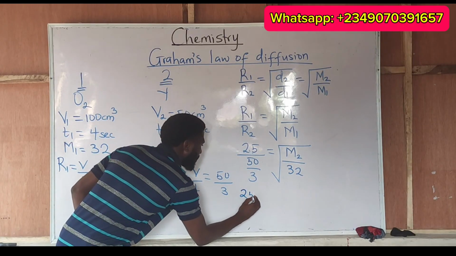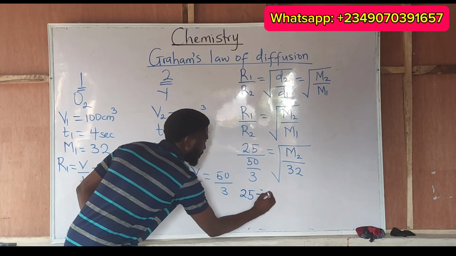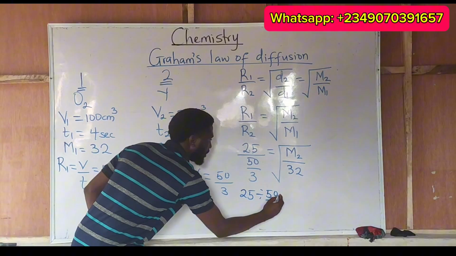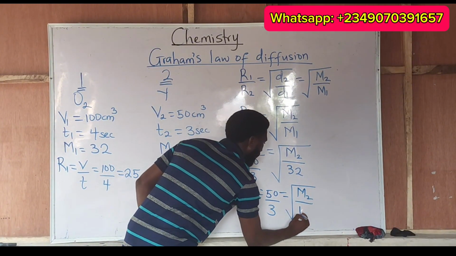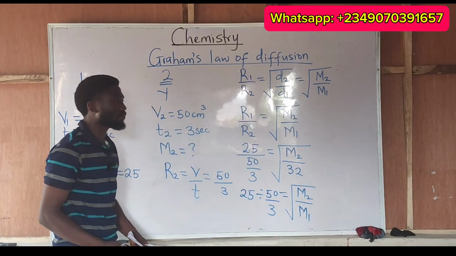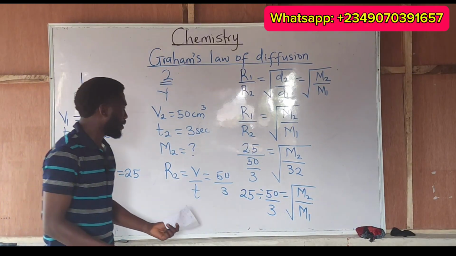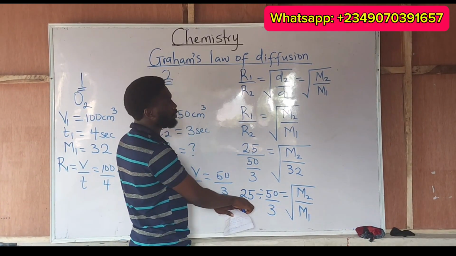So what are we going to do next? This will be 25 divided by 50 over 3 equals the square root of M2 over M1. As a mathematics student, what do you do here?